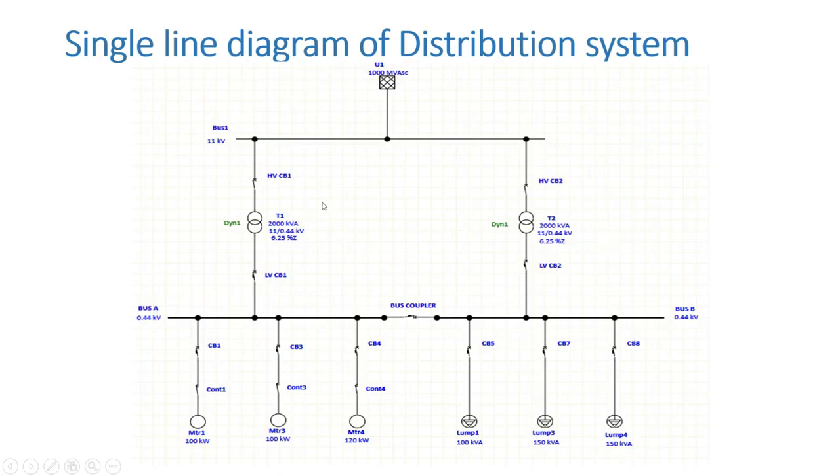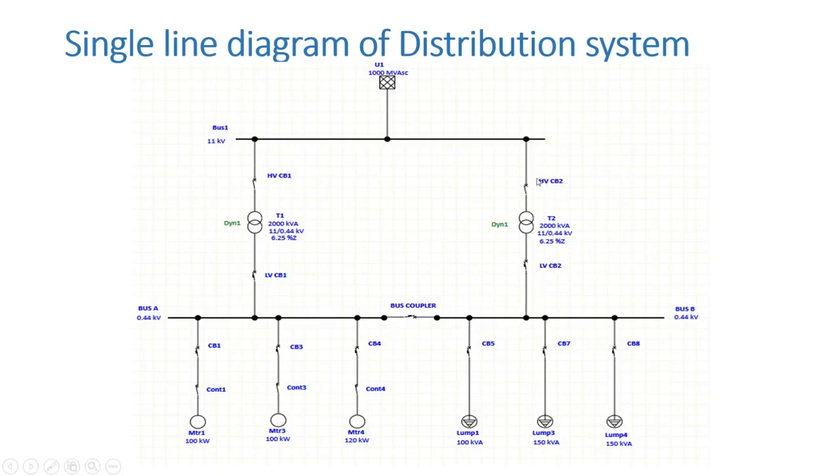Because of this parallel operation, we can easily share the total load of the switch gear between these two transformers, 50-50%. Another main advantage of this type of distribution is that in case of any fault in transformer 1, suppose transformer 1 is not available, then transformer 2 will take the full load of this switch gear without any interruption.